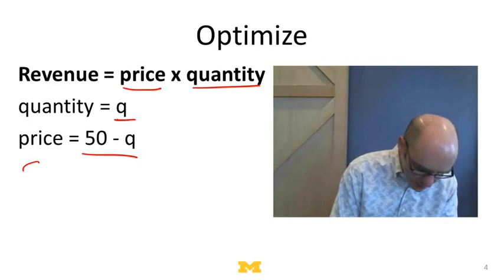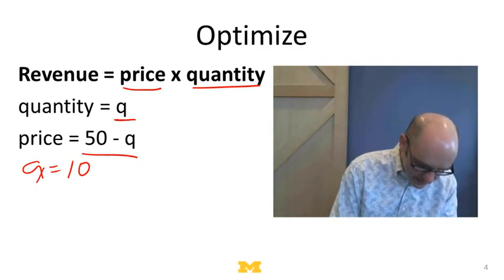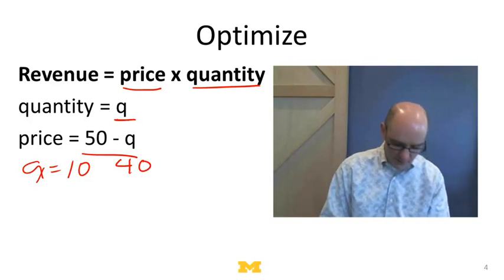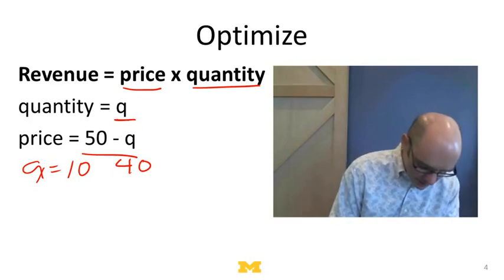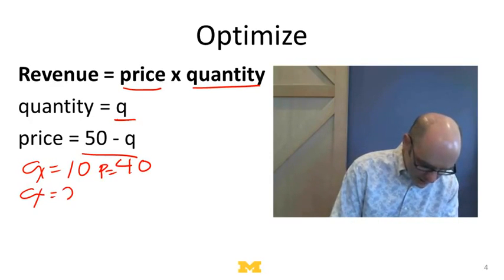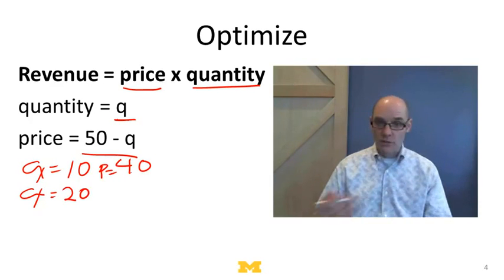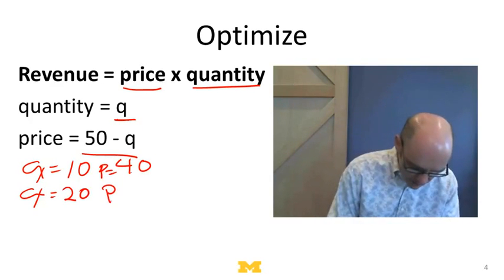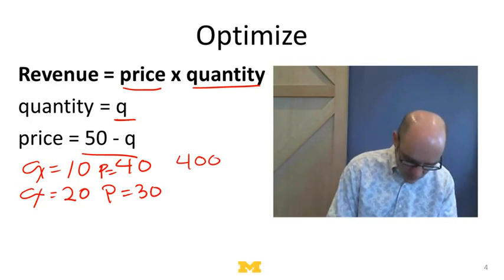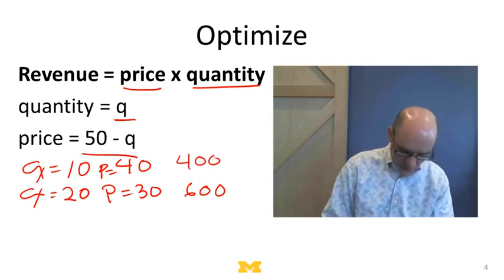Well, if Q is 10, if I only produce 10 of these things, then there's not money to go around, and maybe I can charge $40 apiece for them, right? So the price would equal 40. But if I produce more of these, if I produce 20, then there's more to go around, and that's going to cause the price to fall to 30. So in this first case, I'd get a revenue of 400. In the second case, I'd get a revenue of 600.